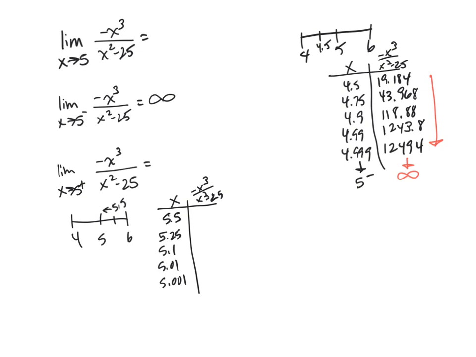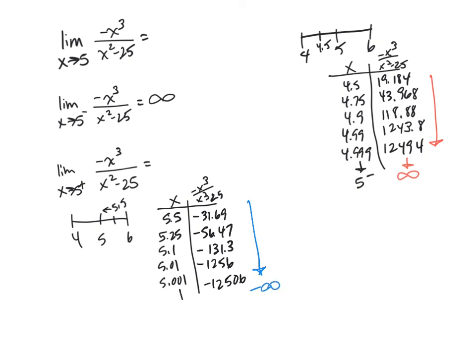All right, so now I get negative 31.69, negative 56.47, negative 131.3, negative 1,256, negative 12,506, and now our behavior is that we're going toward negative infinity.